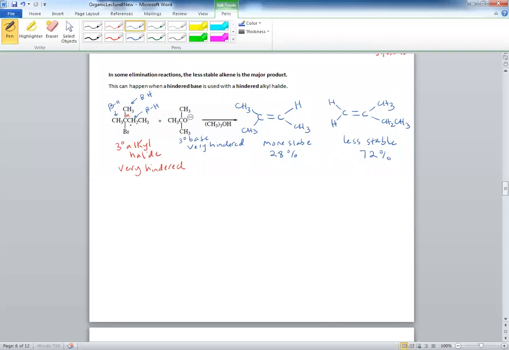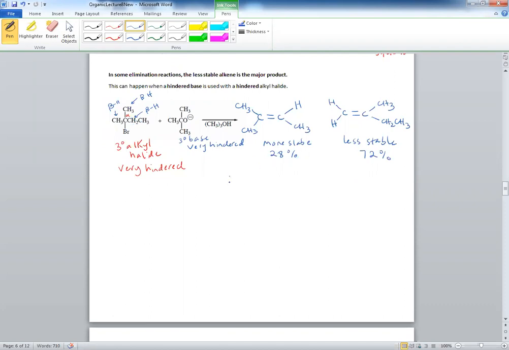meaning you did not remove the H from this one right here. So this one violated Zaitsev's rule because they're both bulky, very bulky.